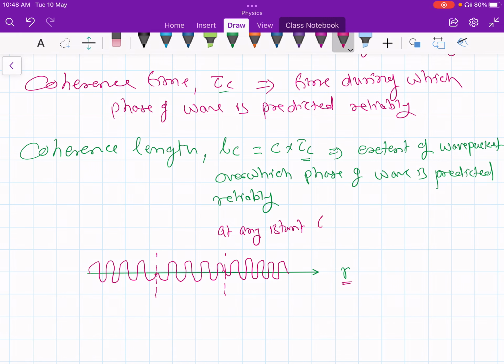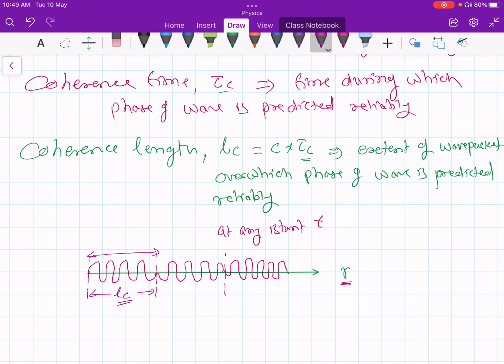At any instant t, you will see the full wave with different wave packets. As this axis is the distance axis, the coherence length is from this point to this point. This length is traveled by the wave in time tau c, and that is the coherence length. So it is the extent of wave packet over which the phase of wave is predicted reliably.